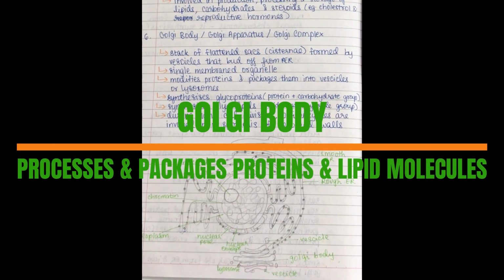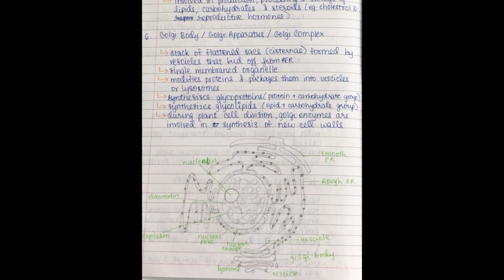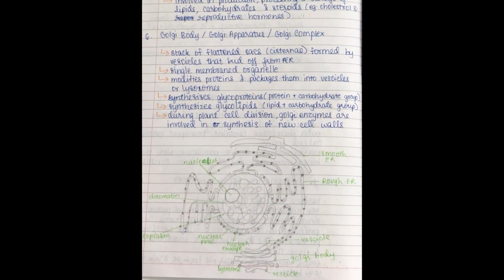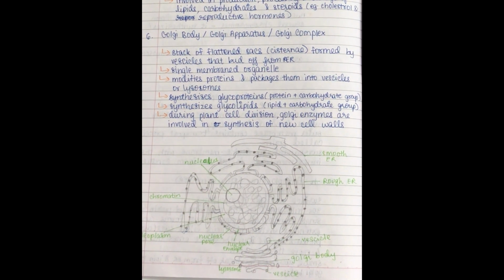The Golgi body, which is also called the Golgi apparatus or the Golgi complex, is a stack of flattened sacs of membrane, which is similar to the smooth endoplasmic reticulum. The flattened sacs are called cisternae, and they're formed by the vesicles that, as I told you earlier, bud off from the rough endoplasmic reticulum. The Golgi body is a single membrane organelle.